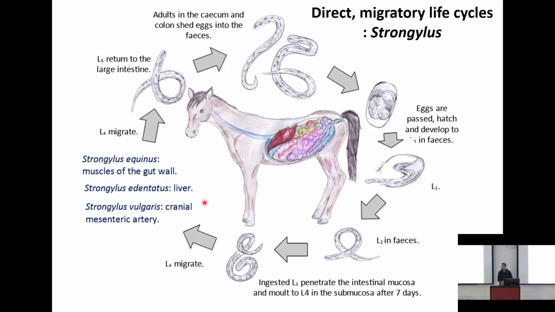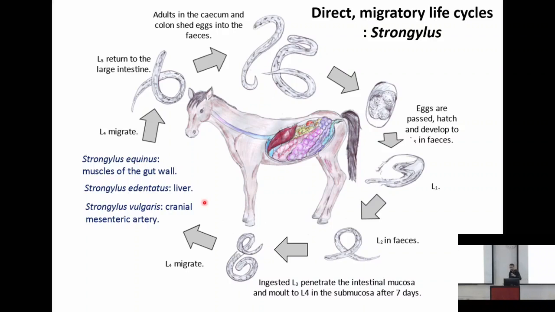So what is going to happen to the L4 stage larvae in the case of Strongylus vulgaris? L4 stage larvae migrate into the cranial mesenteric artery. From the cranial mesenteric artery, which stage will it convert into? L5, and then migrate back into the intestine.